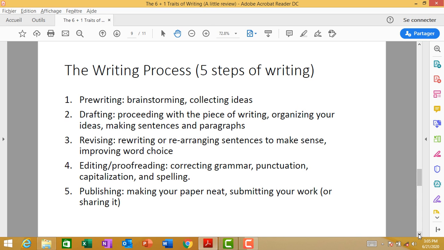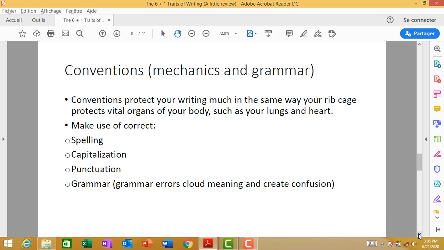Now let's talk about the writing process. Before we get into the writing process, there is a little game that children like to play, but this is not in the slideshow. I'm just going to mention it. It's called the VIP cows. This is an acronym to help them remember the 6+1 traits.